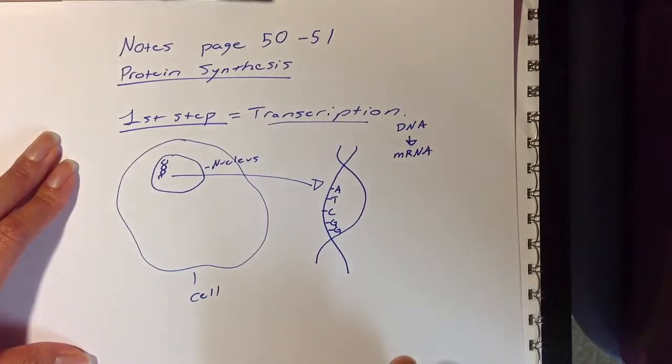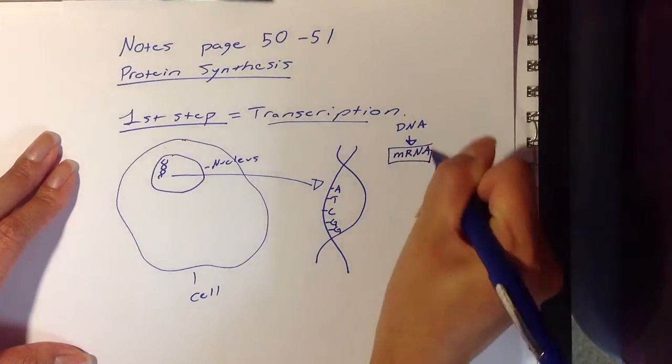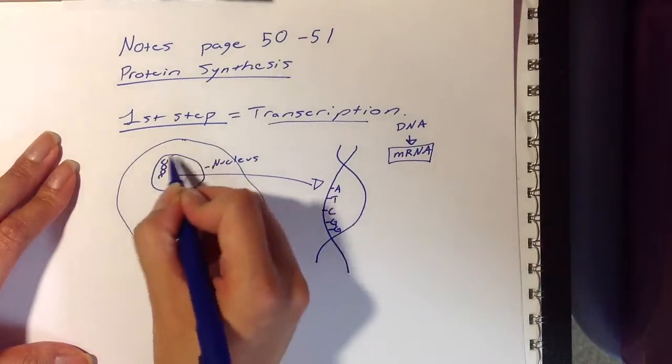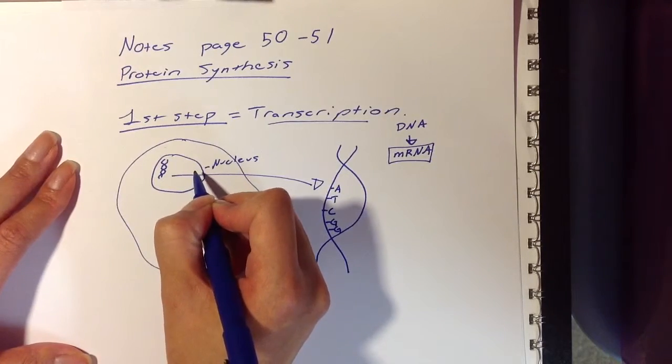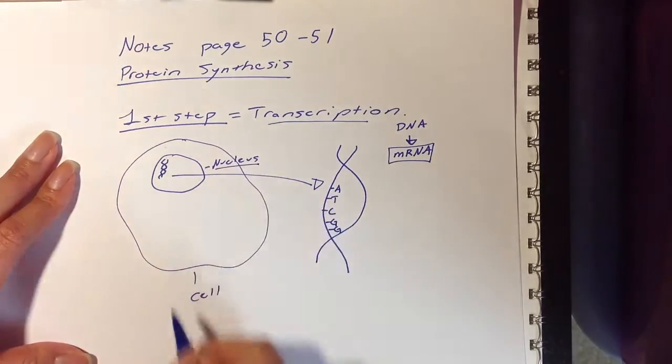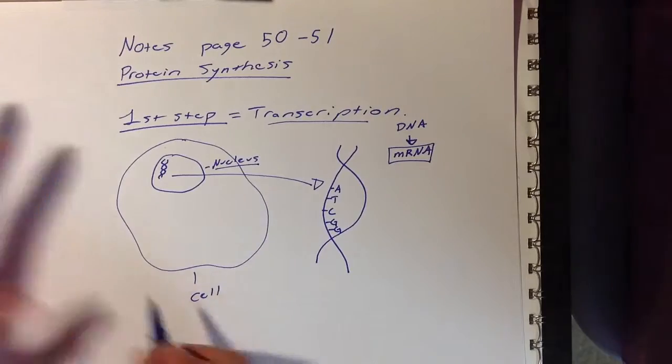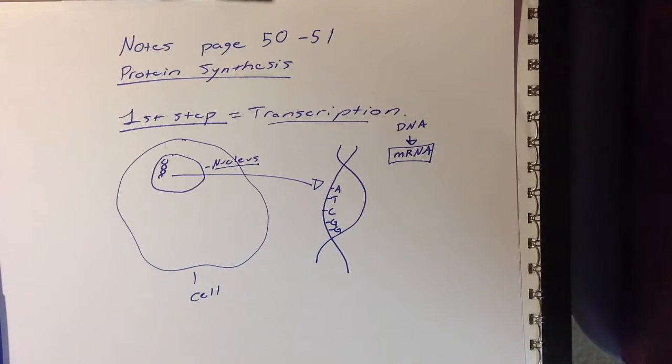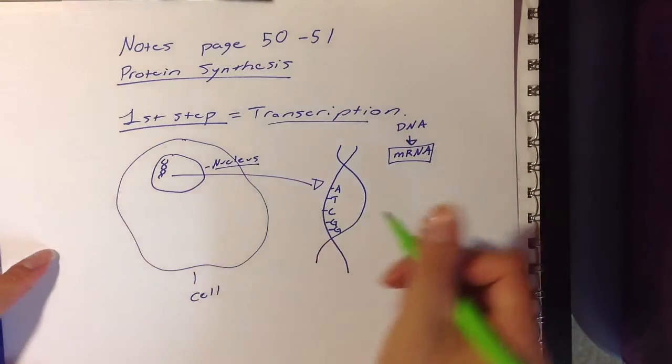The reason why we needed this code, mRNA, is because DNA is too important and also actually too big to leave the nucleus. And so we use a different copy called the mRNA to move out of the cell.